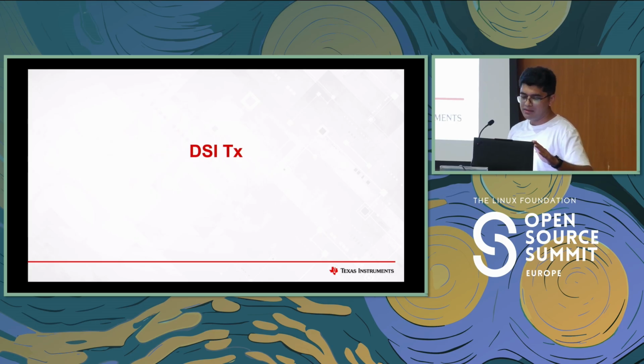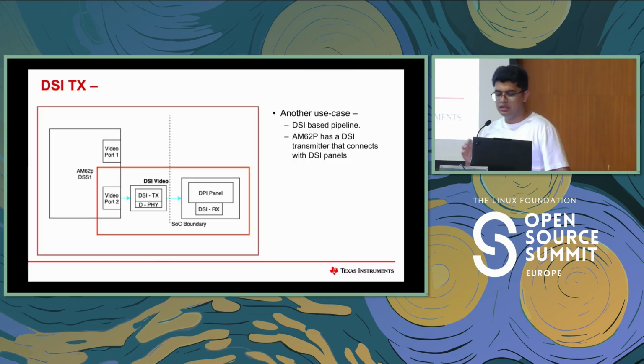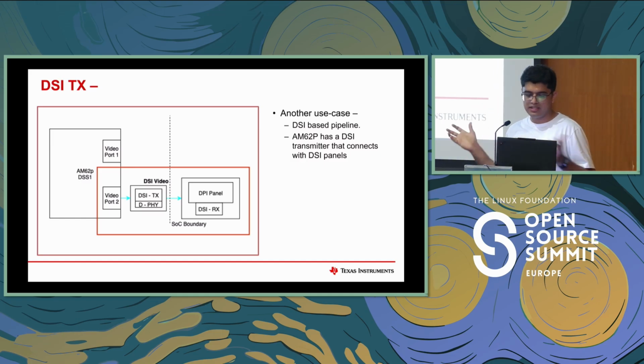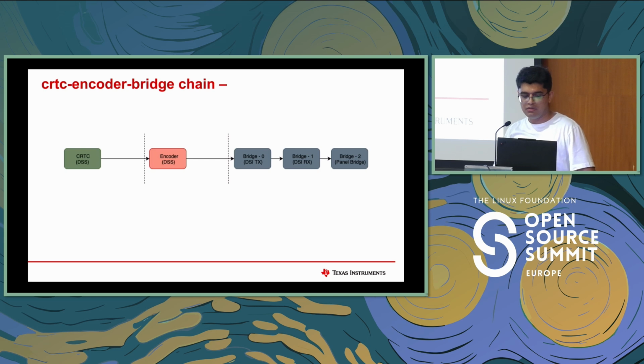All right. So I'll come to the DSI set of problems now. This is the other use case that we support in the AM62P. It's a DSI-based pipeline. The SoC outputs DSI signals, and we have a panel which is connected outside. So this is what the encoder-bridge and CRTC pipeline would look like.